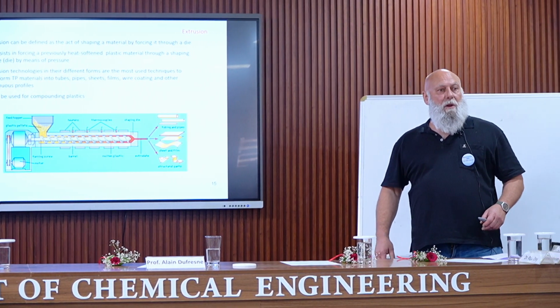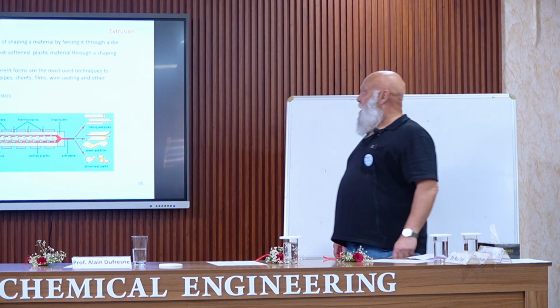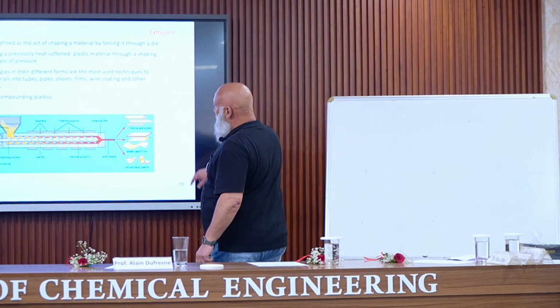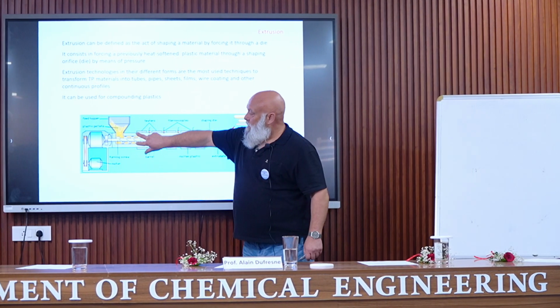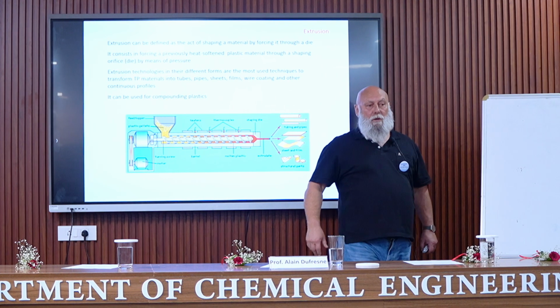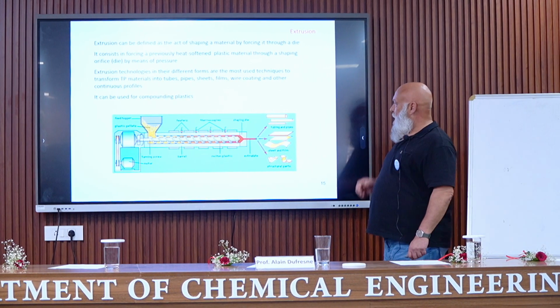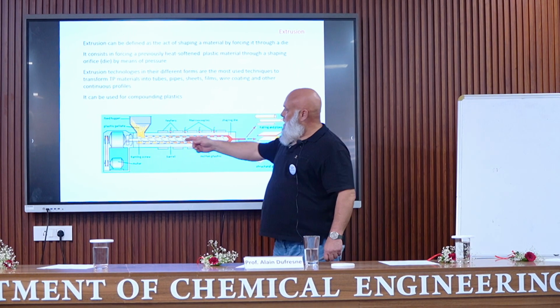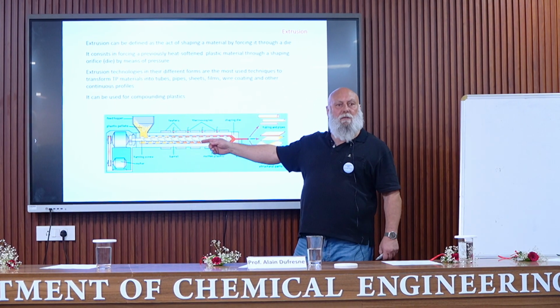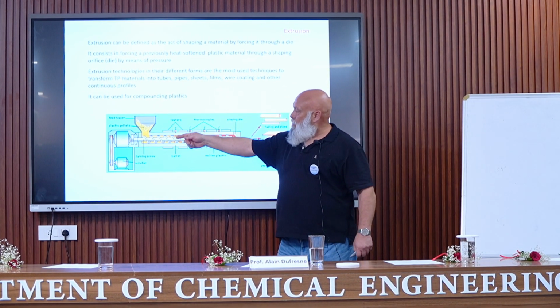You have here a barrel, which is heated, in order to melt the polymer. And you have here what is called a reciprocating screw that is used to transport the material, which is progressively melted.